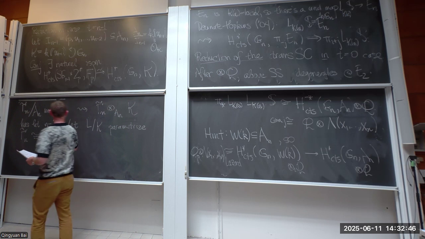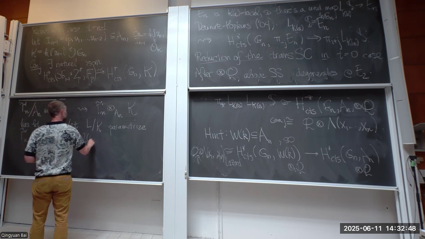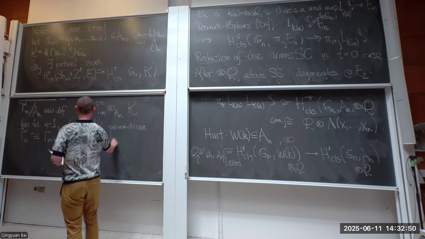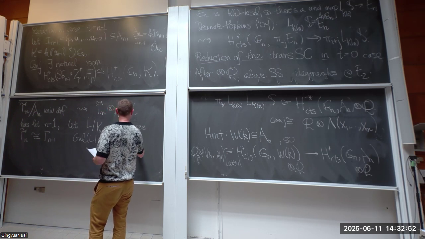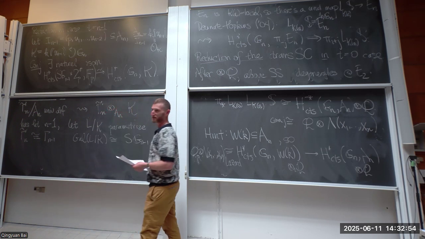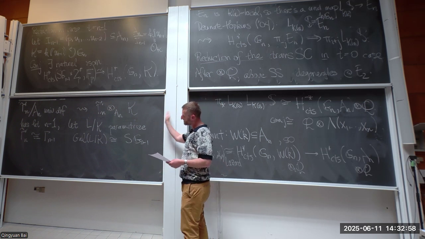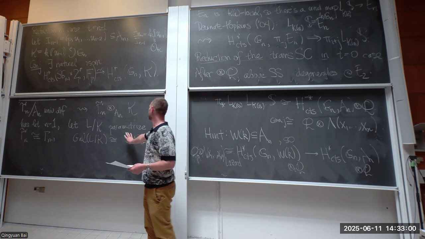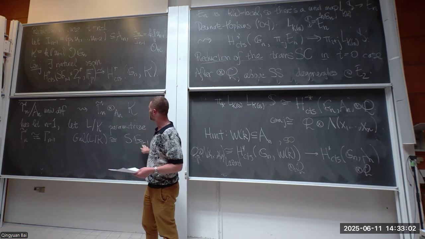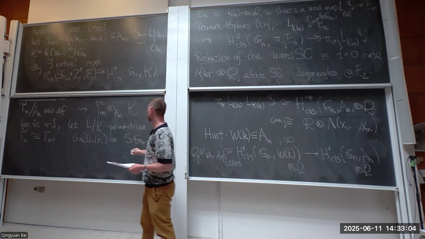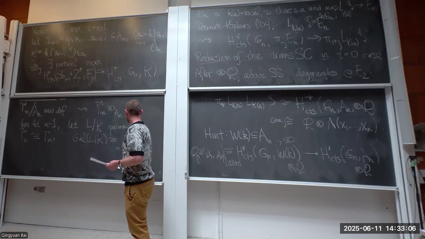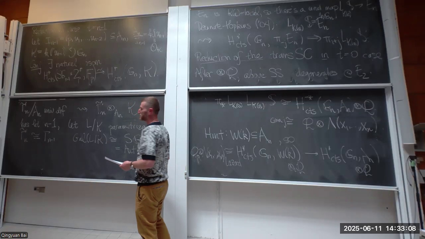L over K should be a Galois extension, where the Galois group is, all right, here's what it is, G_{n-1}. The base field is already F_p bar, so that's why it's not G_{n-1} up here, it's SG_{n-1}. This is the automorphism group.